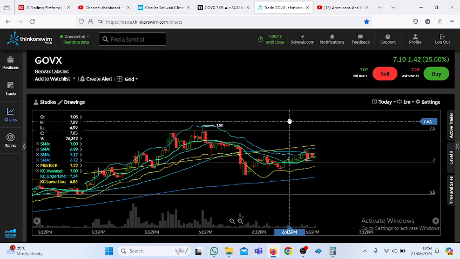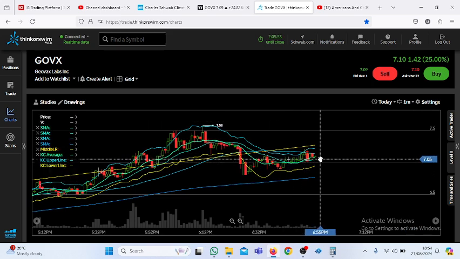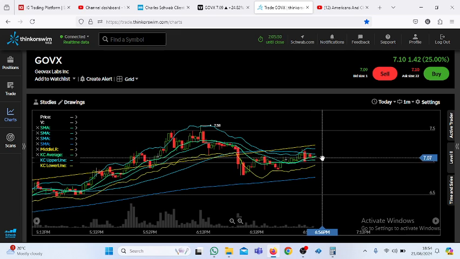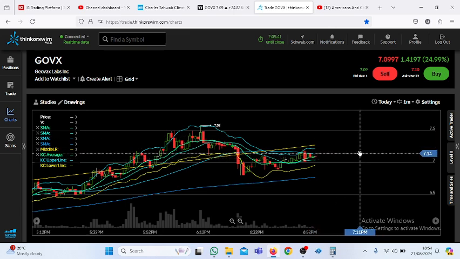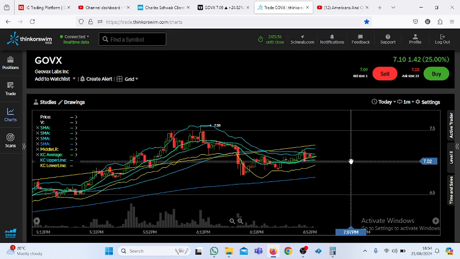It's a positive. So we can see, as I mentioned, contraction still very much in effect on this 1 minute chart for GOVX. But even at that, we have seen a slight inch up, a tiny further gain in the stock, since that time.